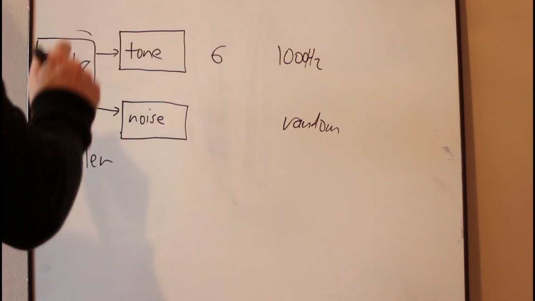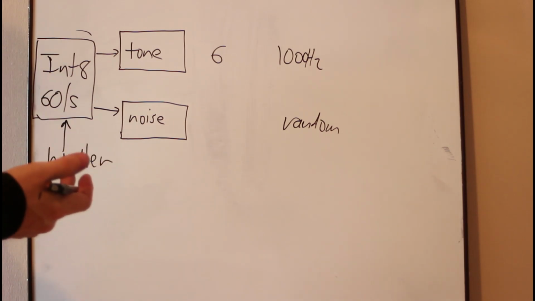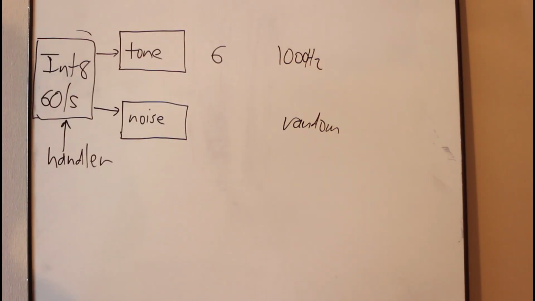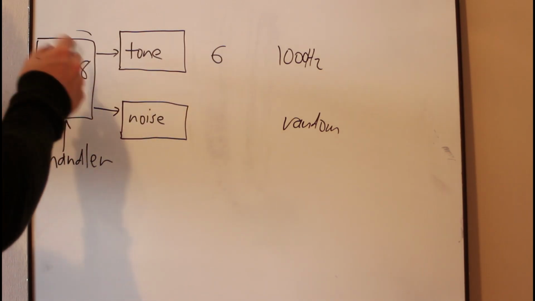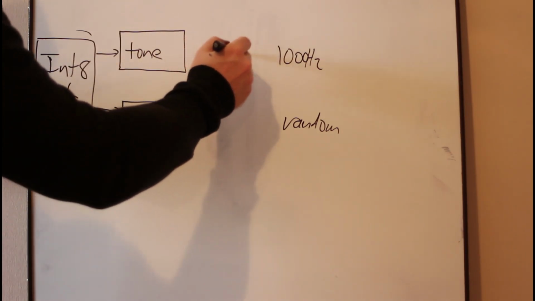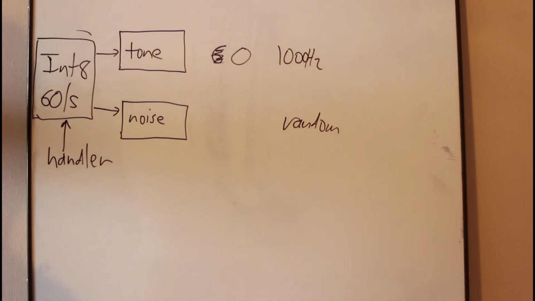So 6 60ths of a second is a 10th of a second, and that'll say that we want to play a tone for a 10th of a second. Basically it's going to count down this value every tick. So every 60th of a second is 1 tick, and it'll count this down to 0. Once this reaches 0, it'll stop playing the tone.